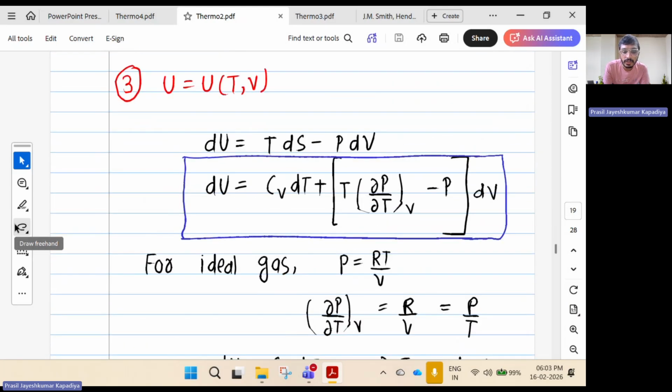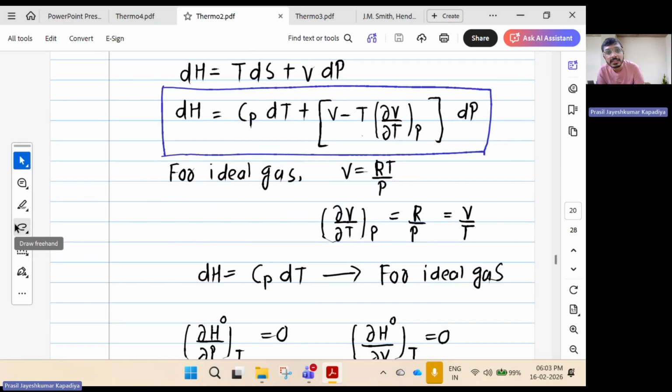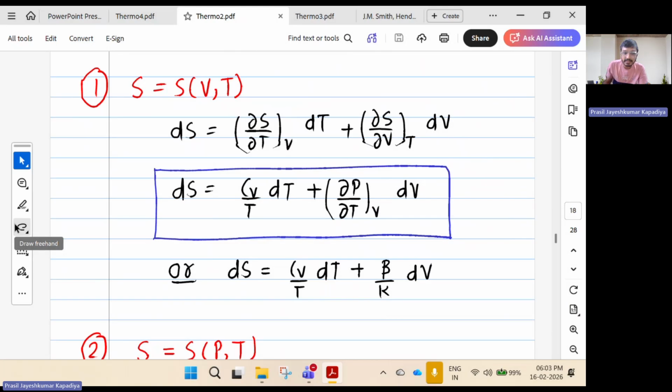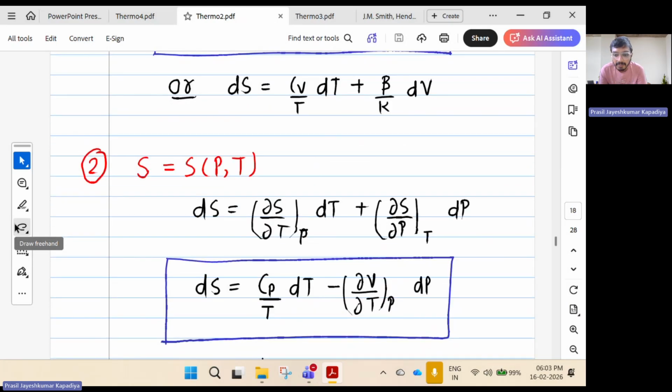We found that dH is CpdT plus V minus T del V del T at constant pressure, dP. And dS is Cv by T dT plus del P del T at constant volume dV, and at PT conditions dS is Cp by T dT minus del V del T at constant pressure dP.